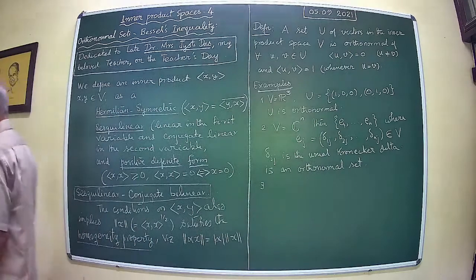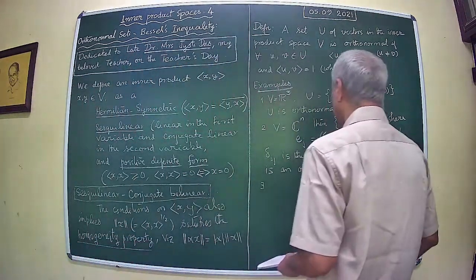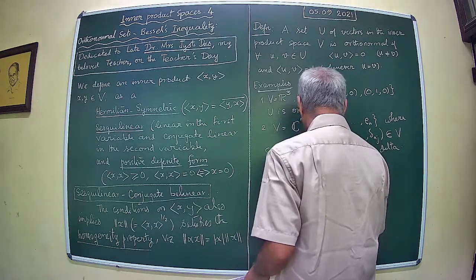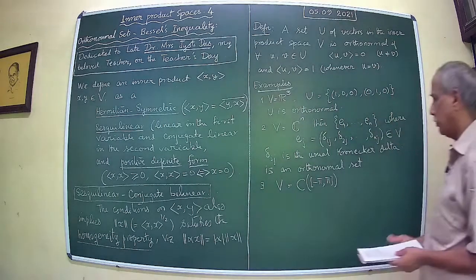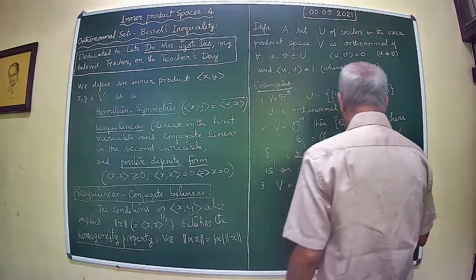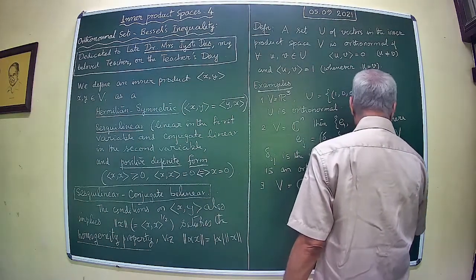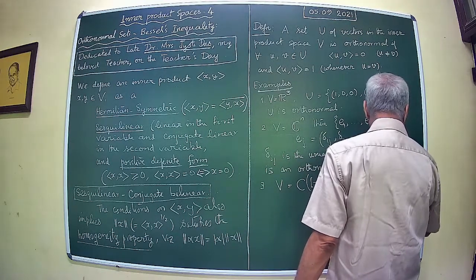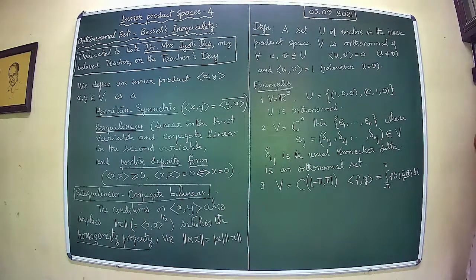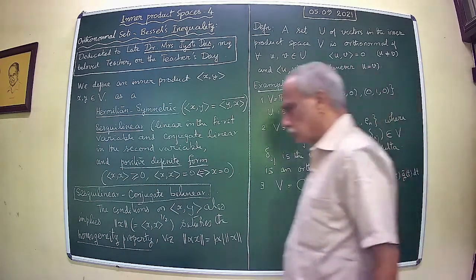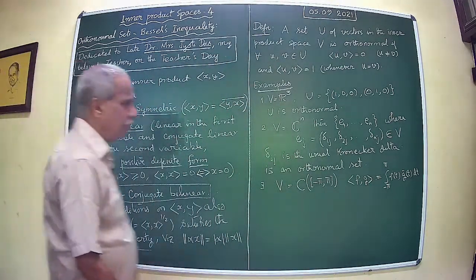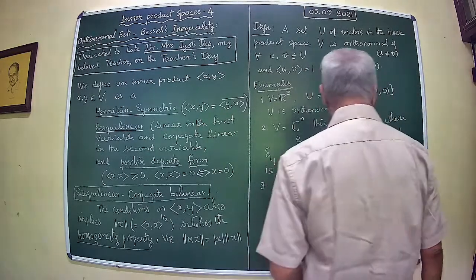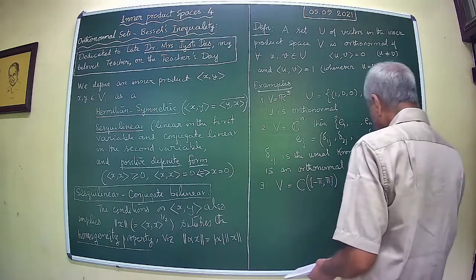Like you take V to be equal to the space of functions on minus pi to pi with the inner product of f and g defined as an integral. Then you look at the functions.